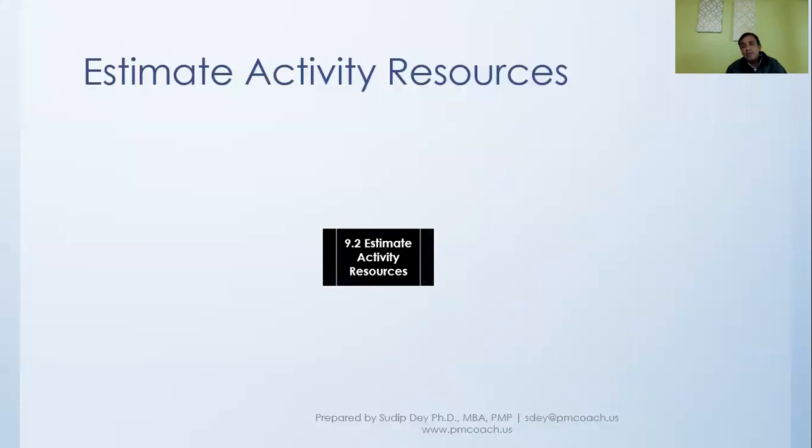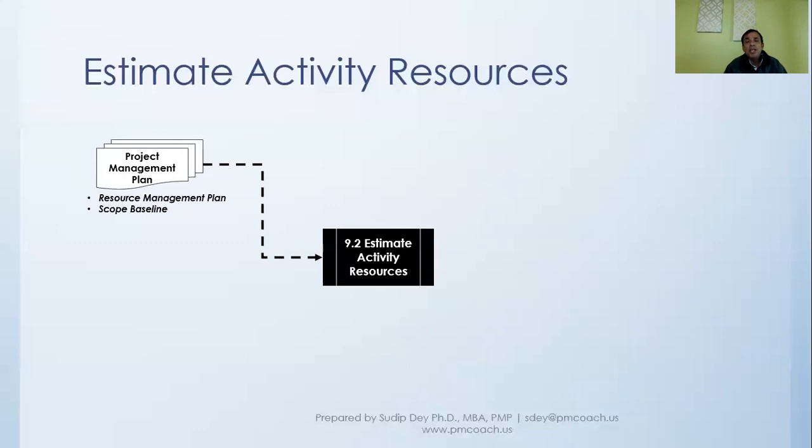And then they have moved it to this because, as I've said, it probably makes more sense here. In estimate activity resources, the first input that we'll have is the project management plan, and more specifically the resource management plan and scope baseline, because that is what will help us understand what kind of resources we need.